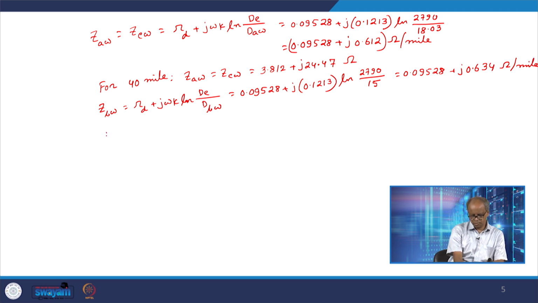So for 40 miles, it comes out to be 3.812 plus j 25.363.